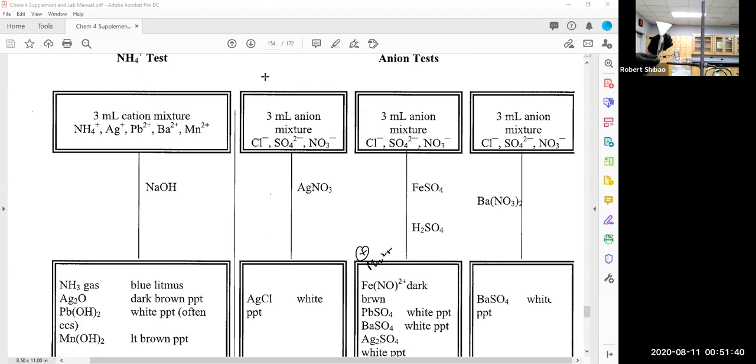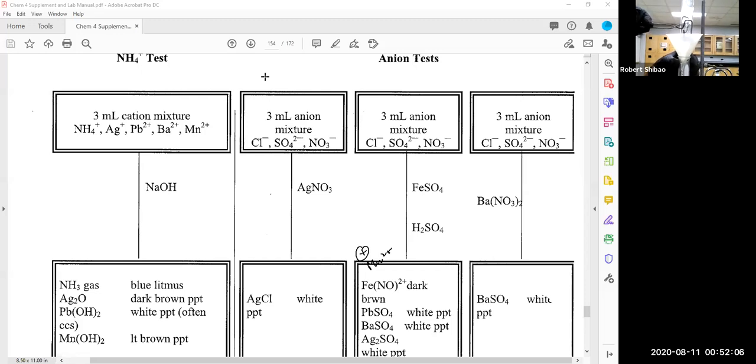Okay, now I'm going to filter this. Pour this in here. Don't want to pour too much in because then it can go over the top. You can see it's filtering pretty rapidly because the precipitate's stuck in the test tube. You can see it's stuck there.